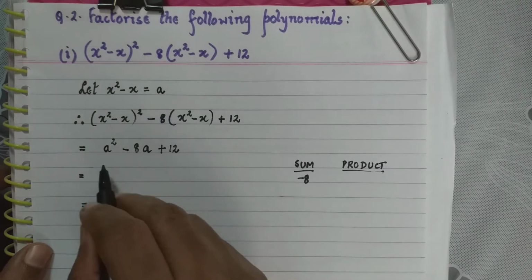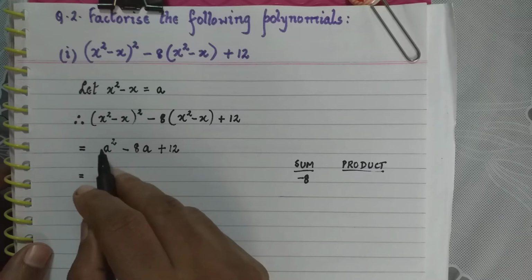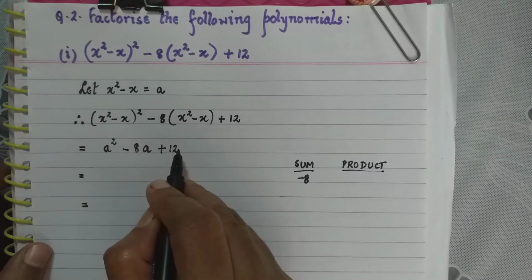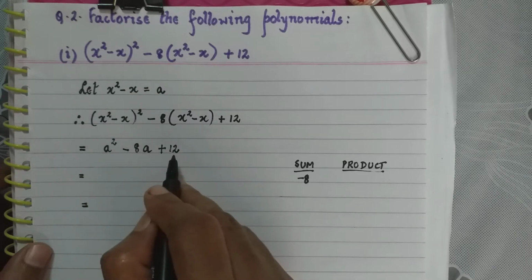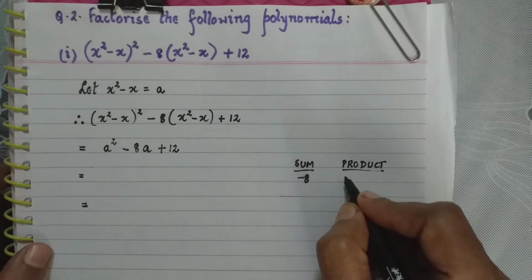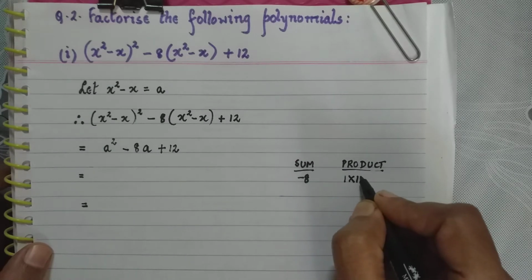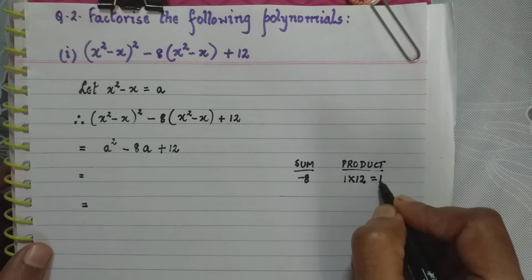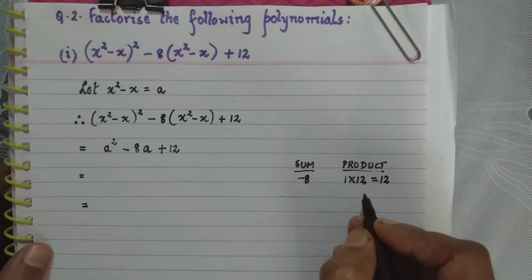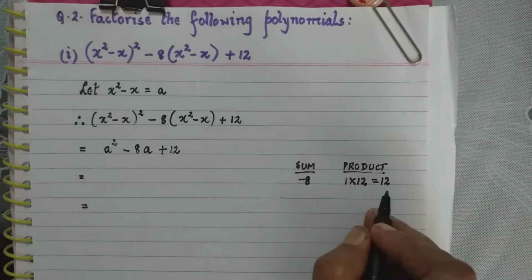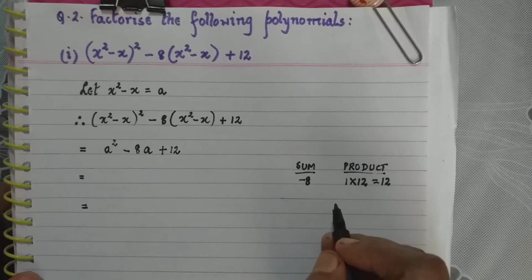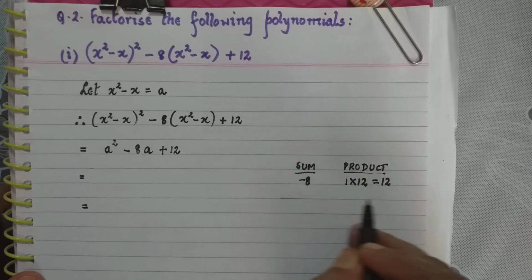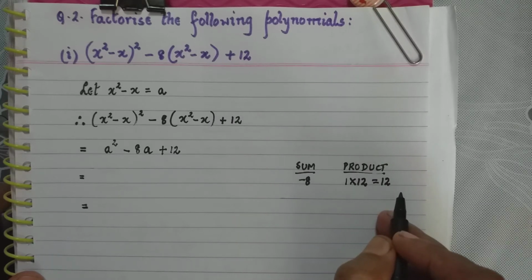What is the product? It is the product of the coefficient of the square term into the constant term. Here the coefficient is 1, the constant is 12. So we have 1 into 12, which is 12. So now you will see that the sum is minus 8, product is 12.